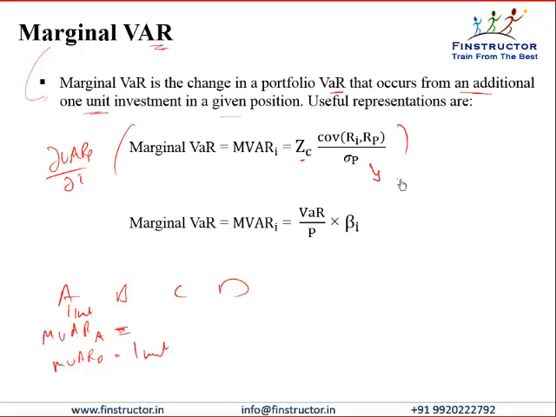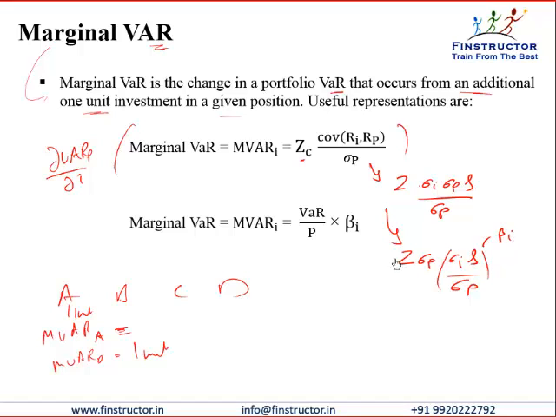We can break this formula as z into the covariance, which can be written as the correlation multiplied by the standard deviation of i multiplied by the standard deviation of P, upon the standard deviation of P, which is z into the standard deviation of P into the standard deviation of i into the correlation upon the standard deviation of P. The second term is nothing but the beta of the asset i.